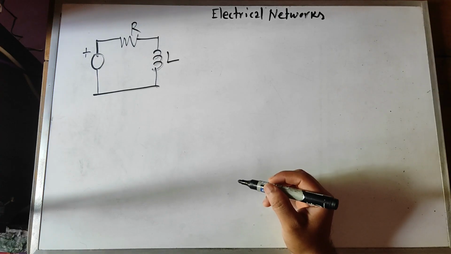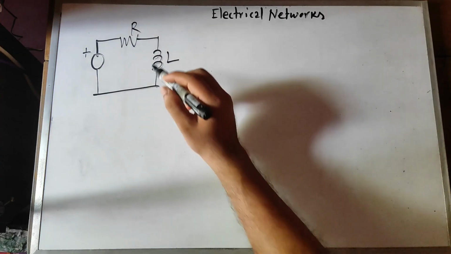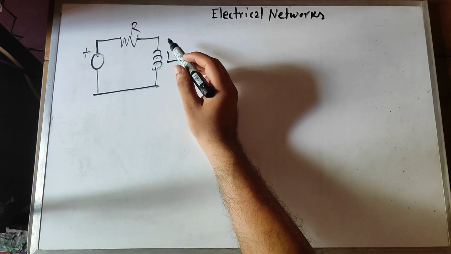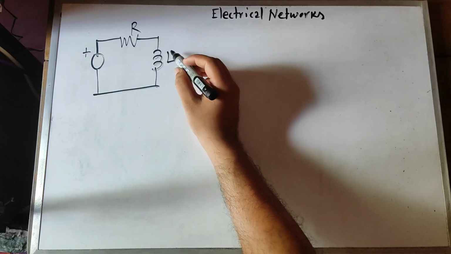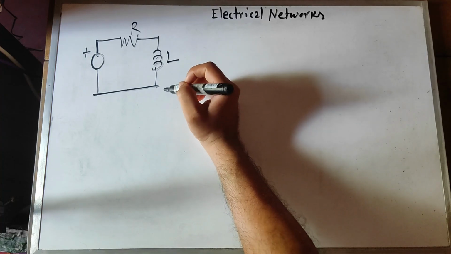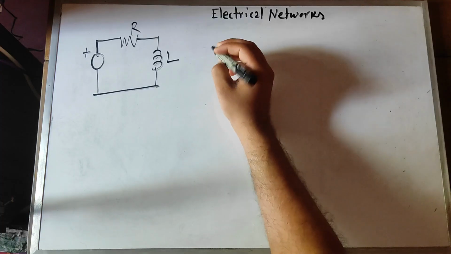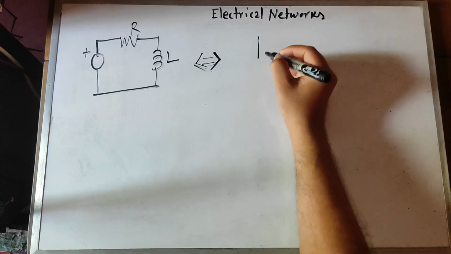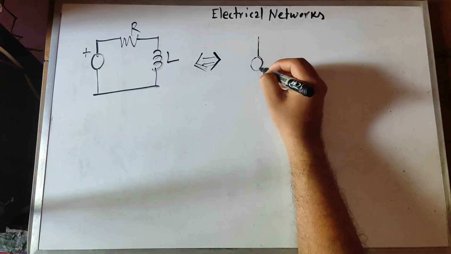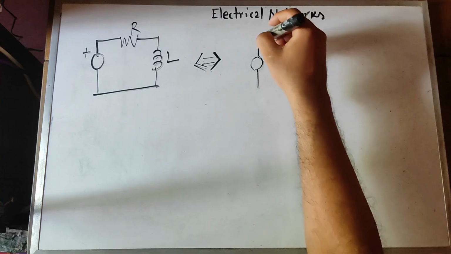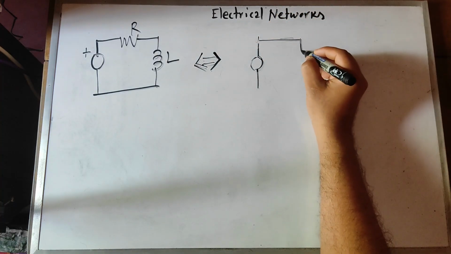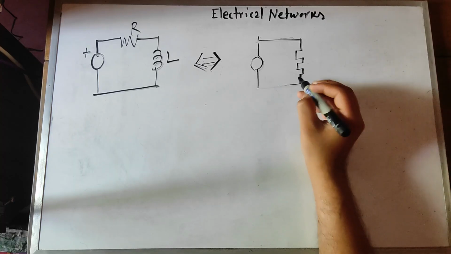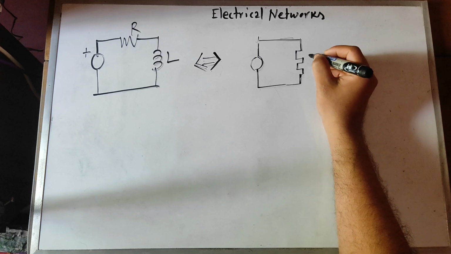If I take the dual of this network, the dual of R is G. The dual of resistance is conductance, and the dual of inductance is capacitance. So its dual will be a current source with conductance.